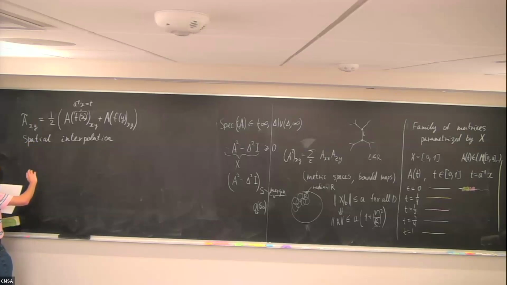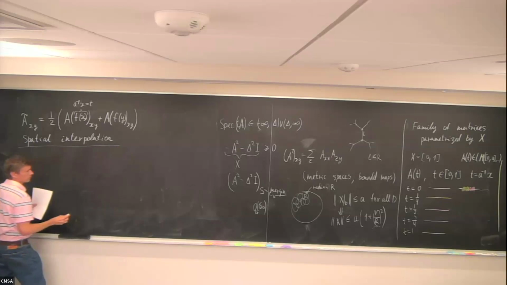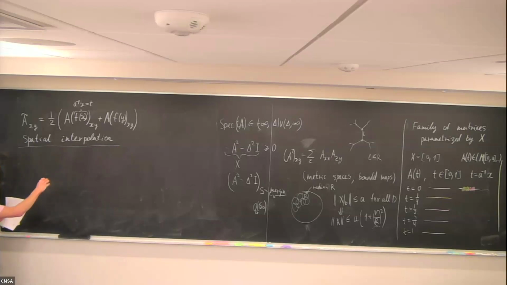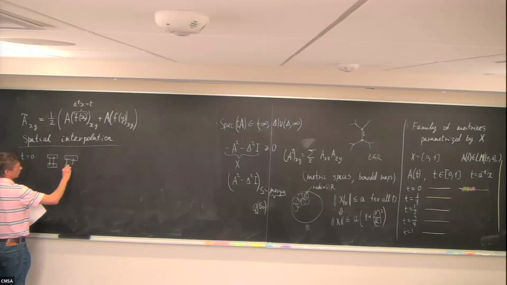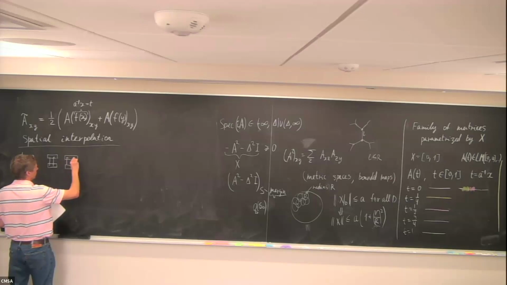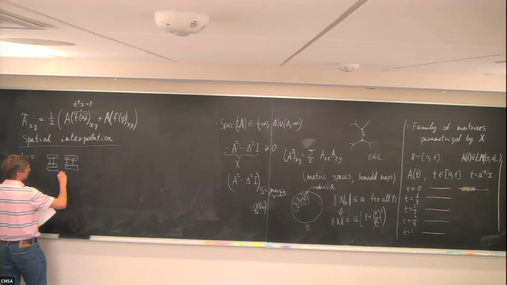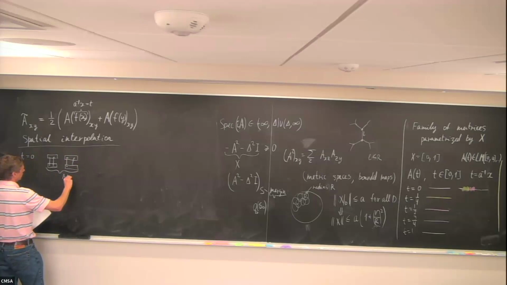And this is an example of a spatial interpolation. Previously, we considered a one parameter family of matrices that begin with this, and that is A of 0.